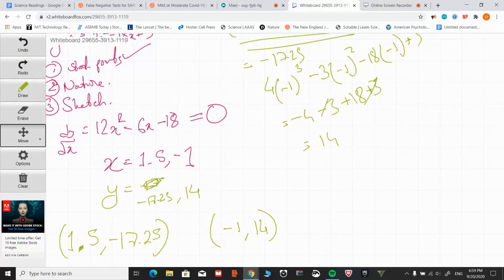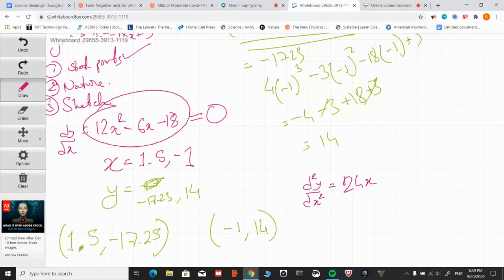This is our first derivative, second derivative টা বের করি. The symbol is d square y dx square is equals to 24x, because এটাকে differentiate করব এখন, minus 6. এখন since there is a place to plug in an x value, I'm going to take this x value and put it here.